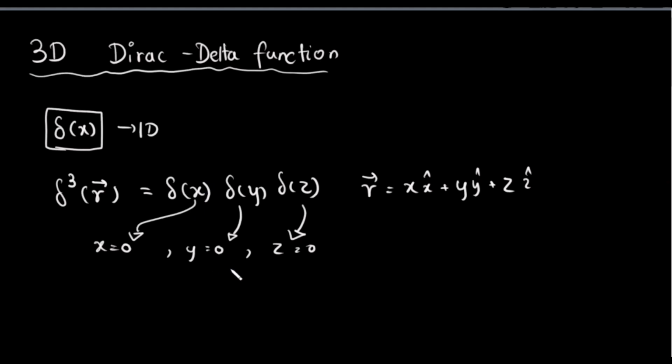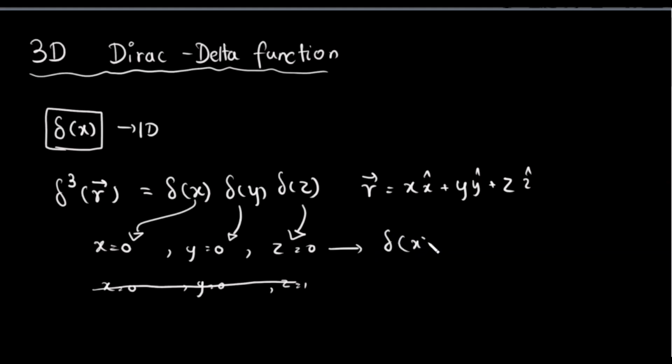If one of these is not equal to 0, let's say x equals 0 and y equals 0 but z equals 1, then this delta function has no value when this kind of condition is satisfied. Only when x equals 0, y equals 0, and z equals 0 does the delta function have a value.